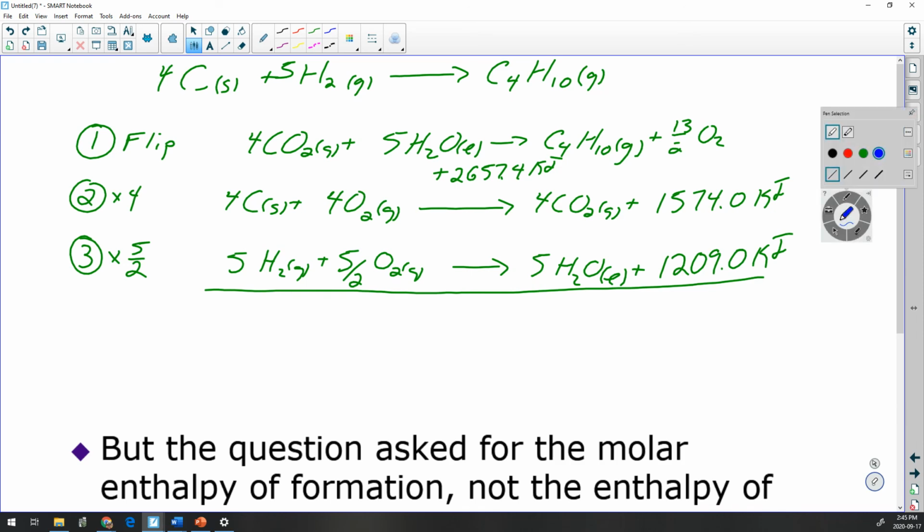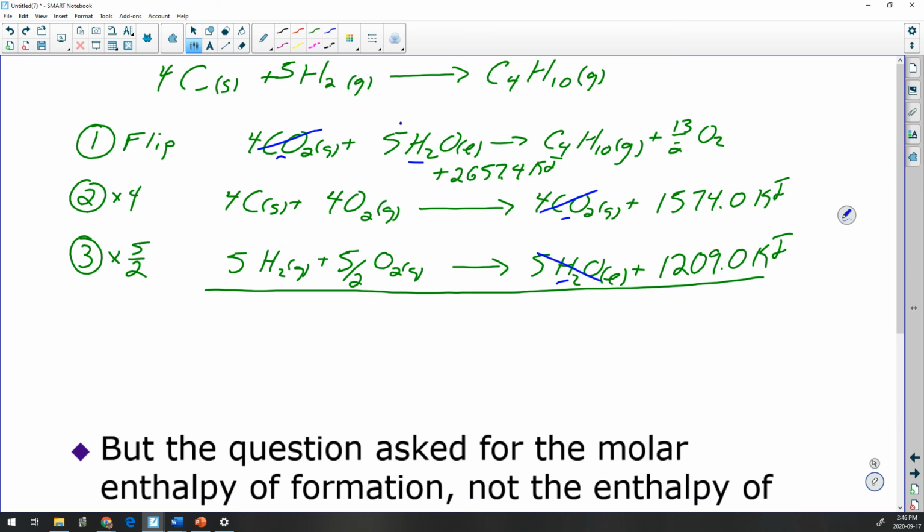You can take that energy off to the side. That's not a problem. I'm just going to leave it in, but let's look at what we have. I've got 4 CO2 as a reactant, 4 CO2 as a product. They didn't change. I'm not going to bother writing it down. I've got 5 H2O as a product, and 5 H2O as a reactant.